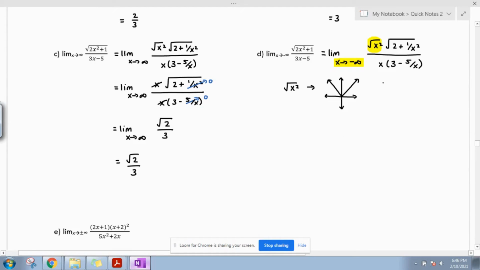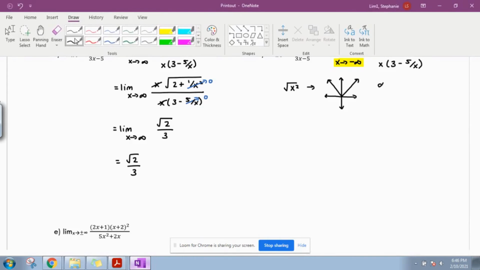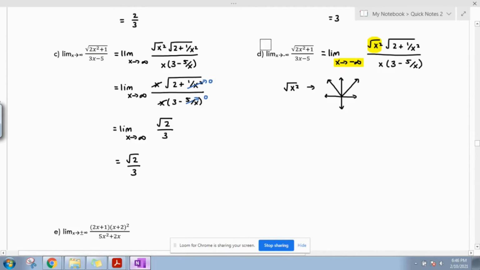So that's why when x was approaching positive infinity, in all those previous questions, we were allowed to say that the square root of x squared was just equal to x, because it was on the right-hand side of x equals 0.